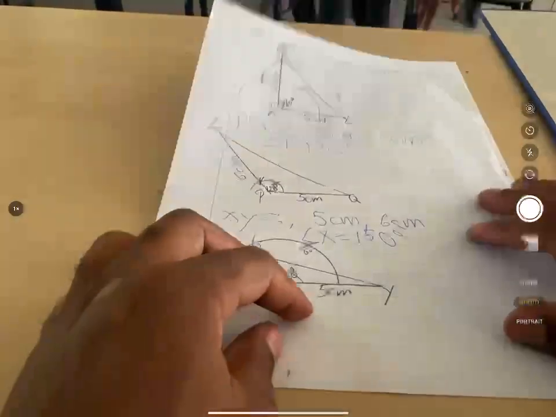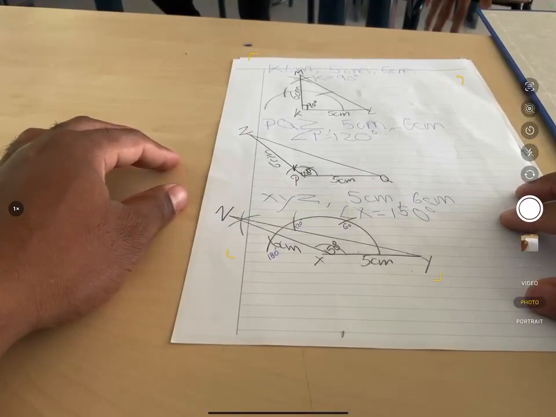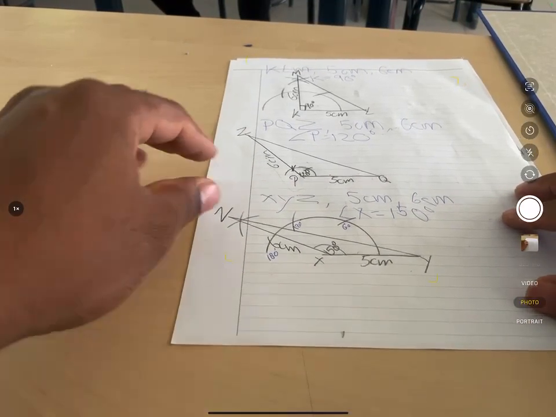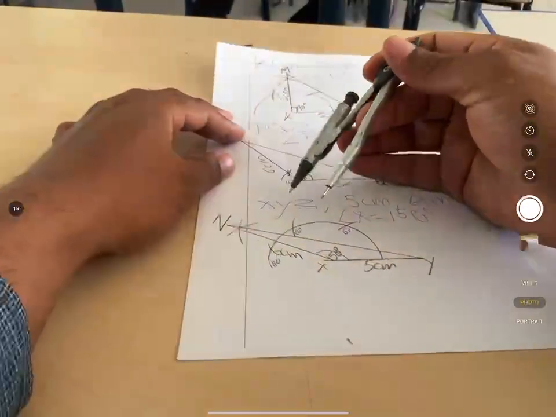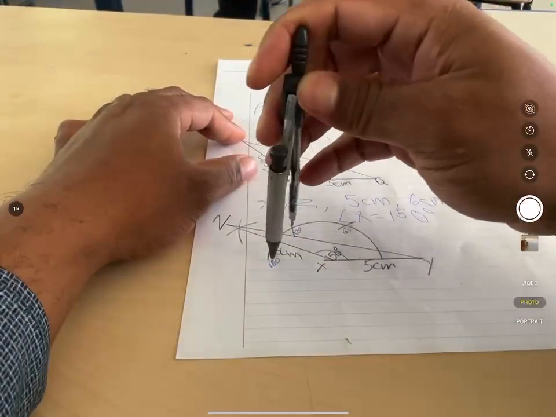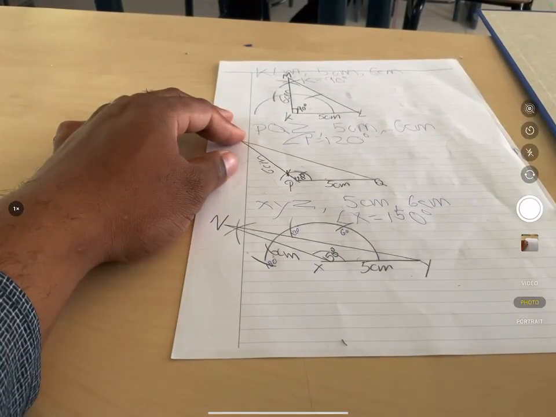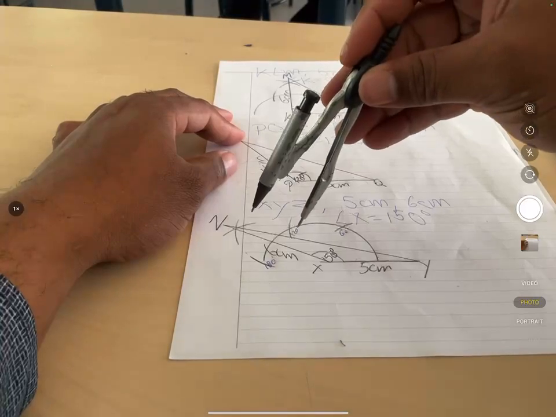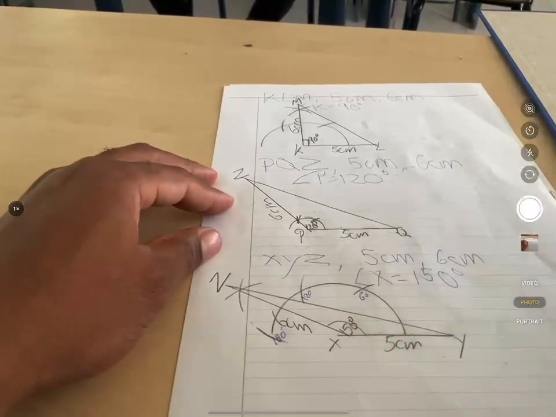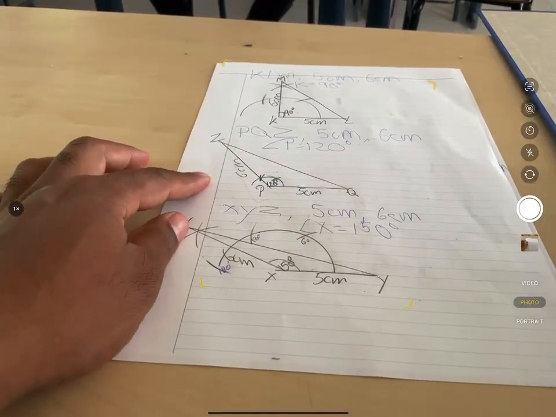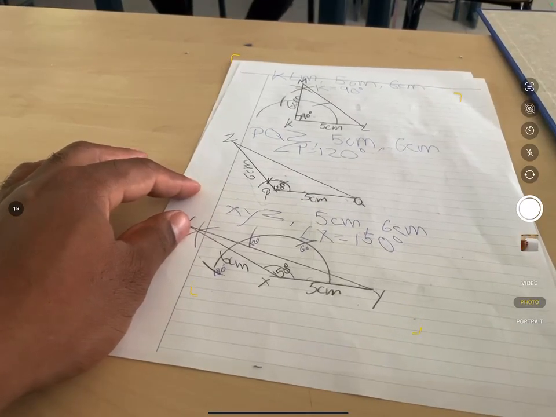All right. 45 degrees. Yes. You stand at 120, create the 180. Create it. 150 degrees. Easy does it.